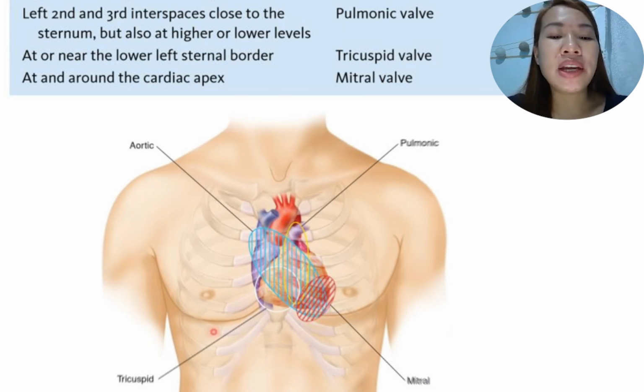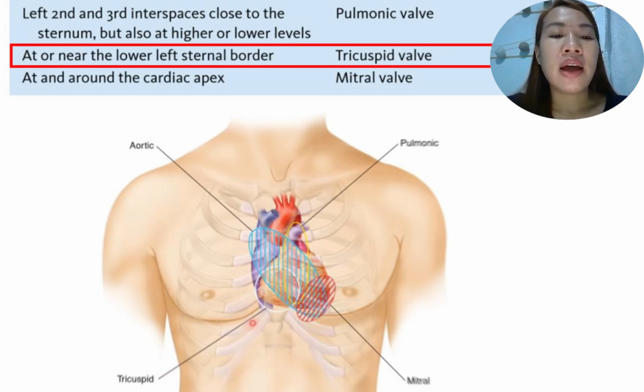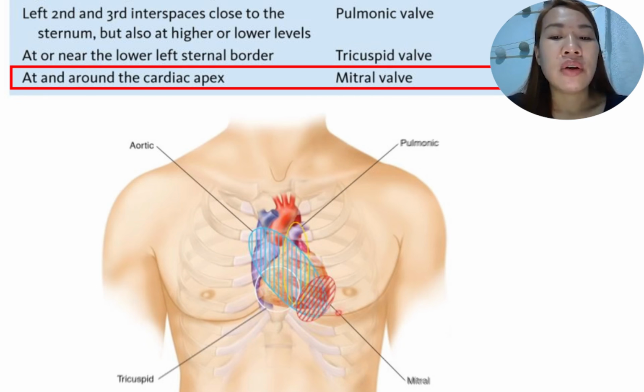And we have here the tricuspid valve at or near the lower left sternal border. So we have the sternum and the lower left sternal border here, left sternal border, not on the right. On the lower left sternal border, we have the tricuspid valve. And of course, the mitral valve is around the cardiac apex.